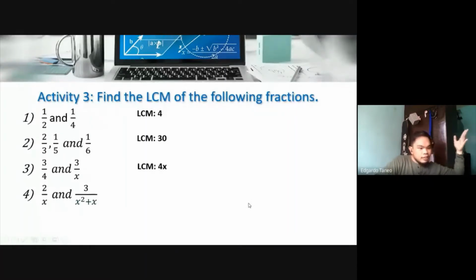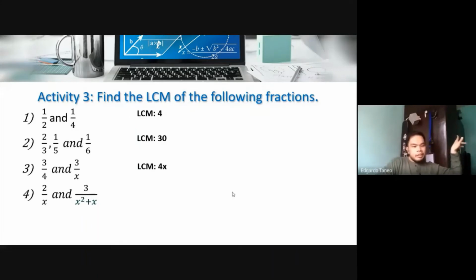Other answer. x to the fourth. Other answer. Sobra masyado. Other answer. x squared. Kulang. Other answer. Pagsamahin natin ang x squared.